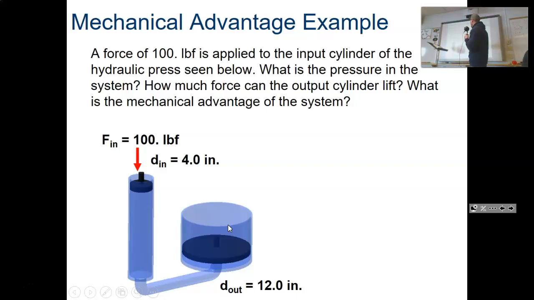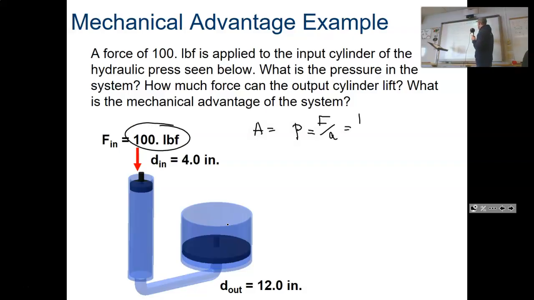Part A, what's the pressure? Pressure is equal to force divided by area. The force we're exerting is 100 pounds, and the area is the area of this circle, pi times the radius squared, in square inches.